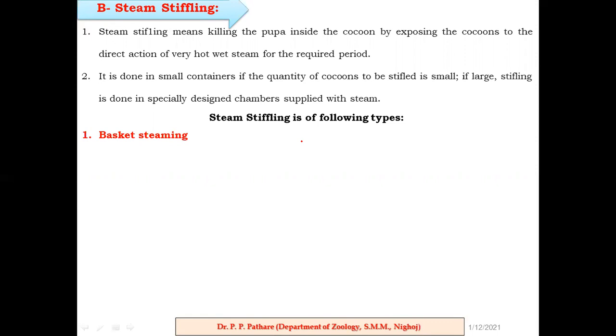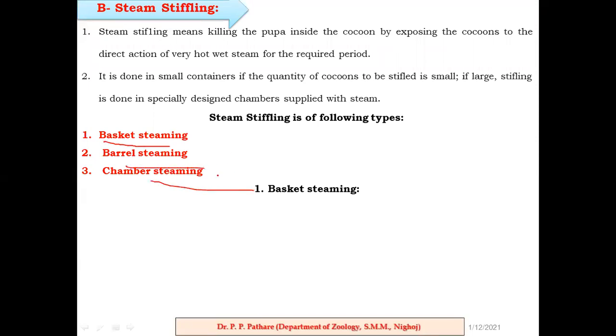So let us study basket steaming, then burial steaming, and the last one, chamber steaming. These are the three main types of steam stippling. I hope you are able to understand what is steam stippling and the types of stippling.